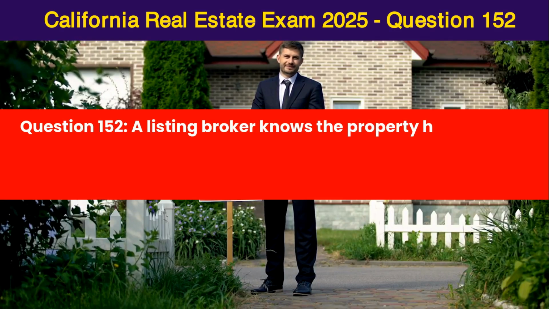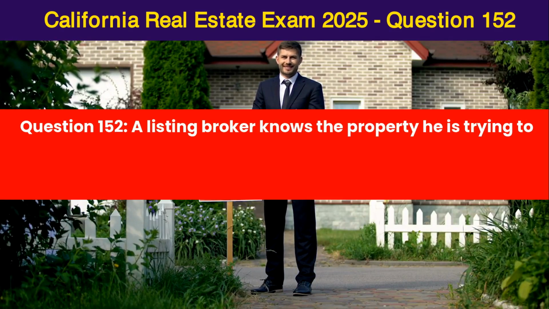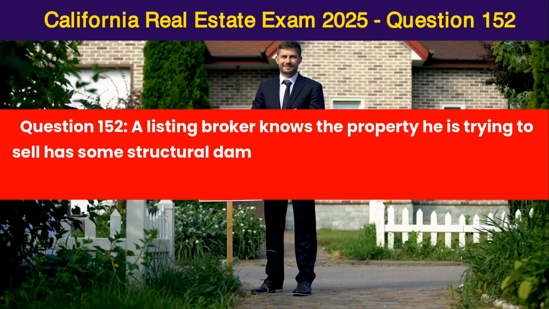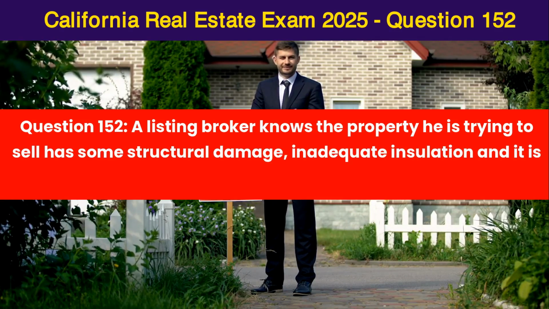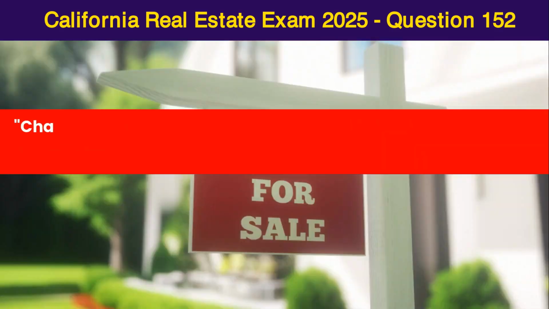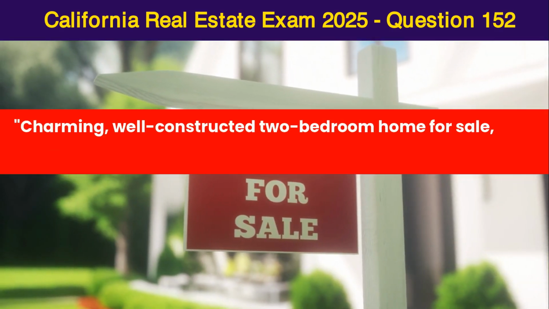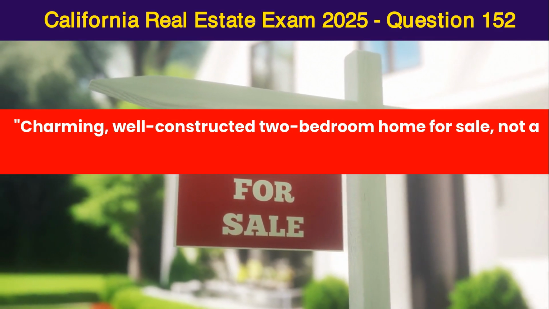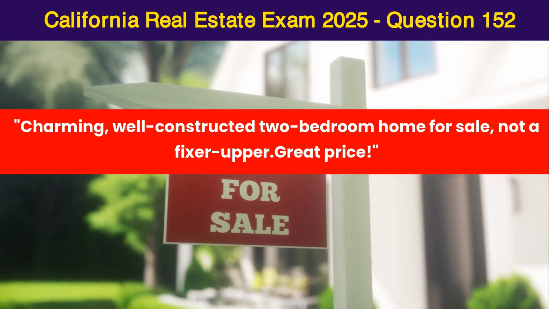Question 152. A listing broker knows the property he is trying to sell has some structural damage, inadequate insulation, and it is overpriced by 10%. Nevertheless, he runs an ad that reads, "Charming, well-constructed two-bedroom home for sale, not a fixer-upper, great price."